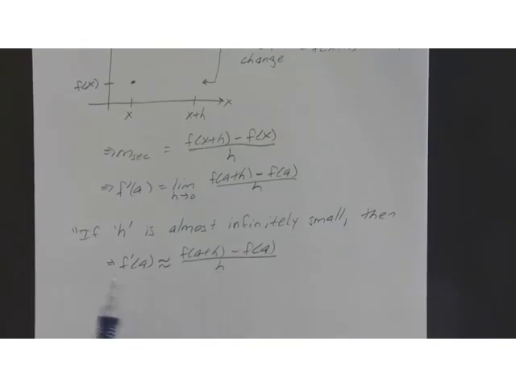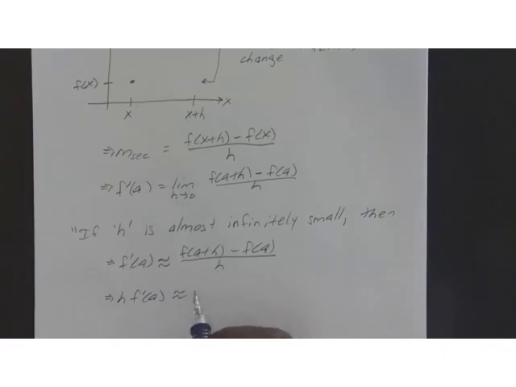So if we multiply both sides by h, you know that h times f prime of a is approximately equal to f of a plus h minus f of a.